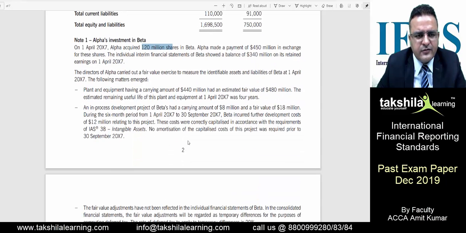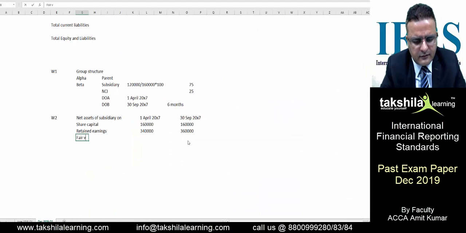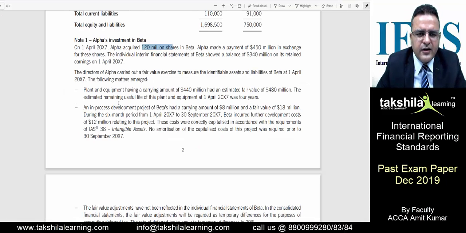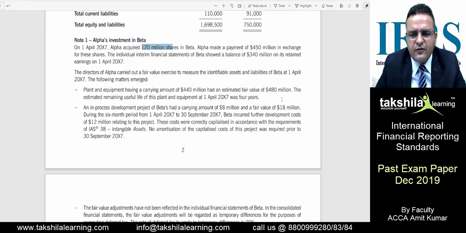Then there were fair value adjustments. Among the fair value adjustments, plant and equipment having a carrying value of 440 million had an estimated fair value of 480 million. The estimated useful life on 1st April 20x7 is 4 years.